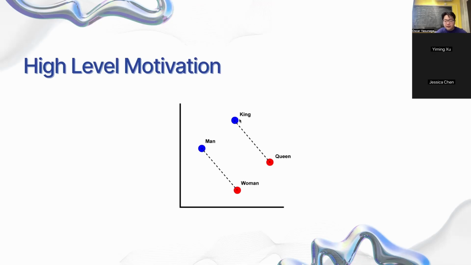And then the difference between the king direction and the man direction might be a royalty vector. And these vectors are orthogonal to each other because these are different features, different concepts. So yeah, that's the high level.